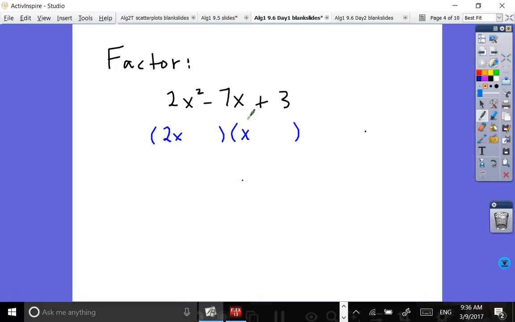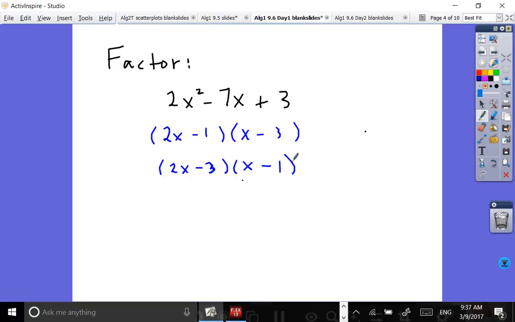So what we don't know is, should it be 2x minus 1 times x minus 3, or should it be 2x minus 3 times x minus 1? And the only way to know is just to FOIL it. I mean, we know if I multiply 2x times x, I get 2x squared. I multiply negative 1 times negative 3, I get positive 3.